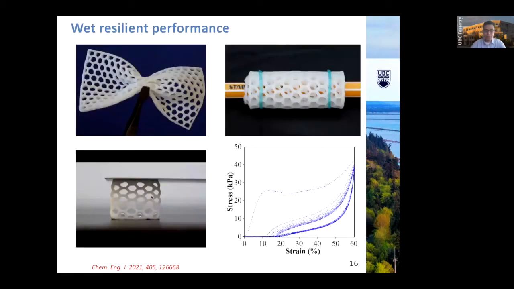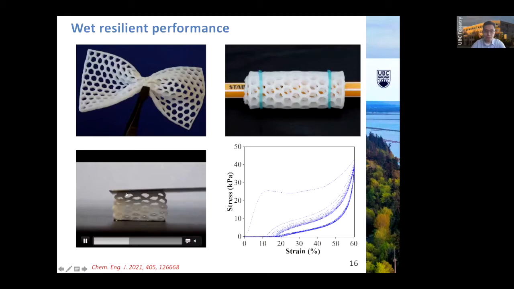One interesting thing is the structure is elastic when it is wet. For example, it can be either just after printing or after regeneration. It can be rolled, and it can be twisted. Also, after drying, you can wet the structure. After absorbing the water, it becomes wet and elastic again. Here it shows the elastic structure after water absorbing.